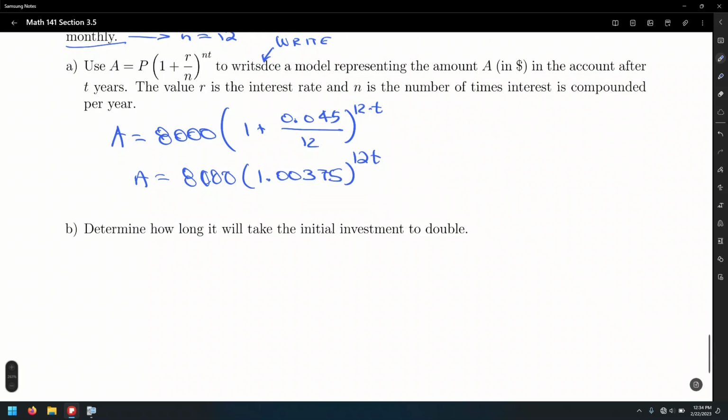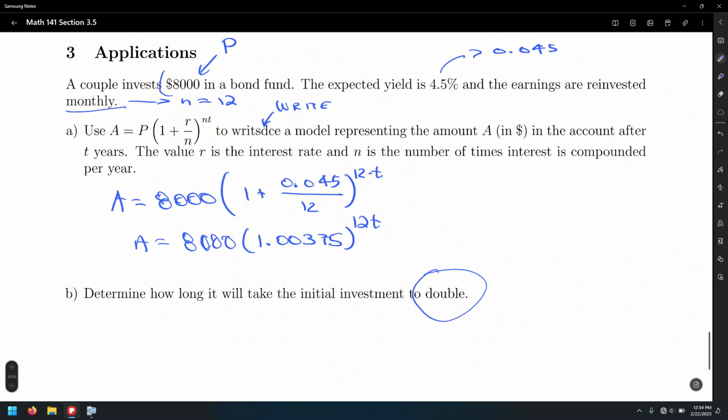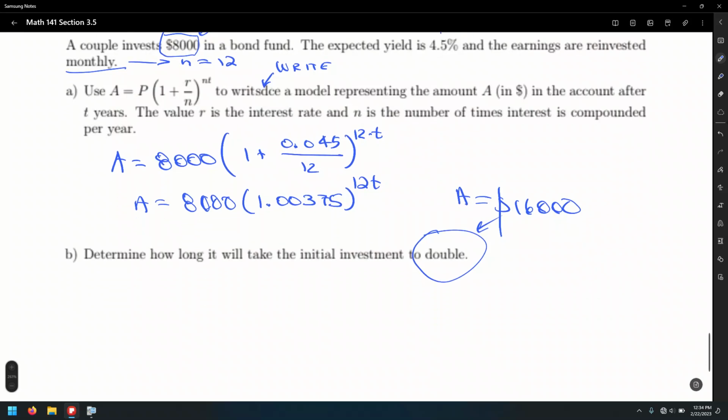It's kind of a cryptic sentence, but to double, if initially the couple invested 8,000, that means to have those 8,000 become 16,000. So that's going to be the accumulated amount. After how many years will those $8,000 become $16,000?